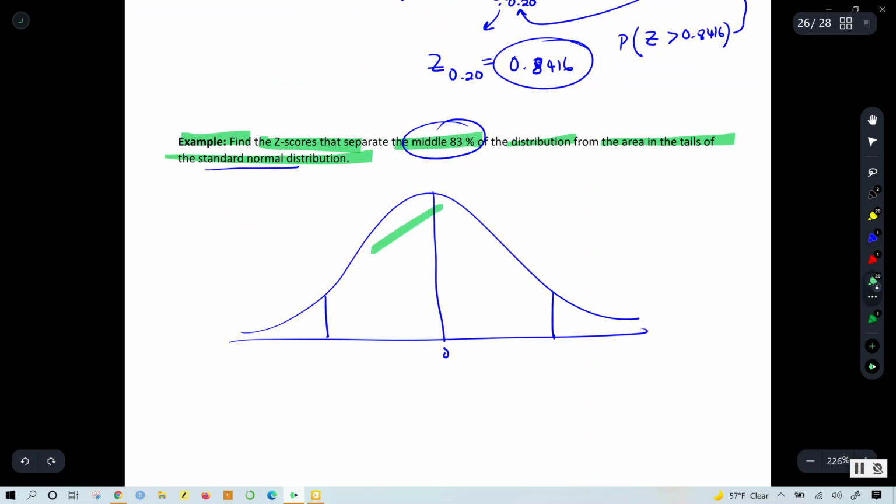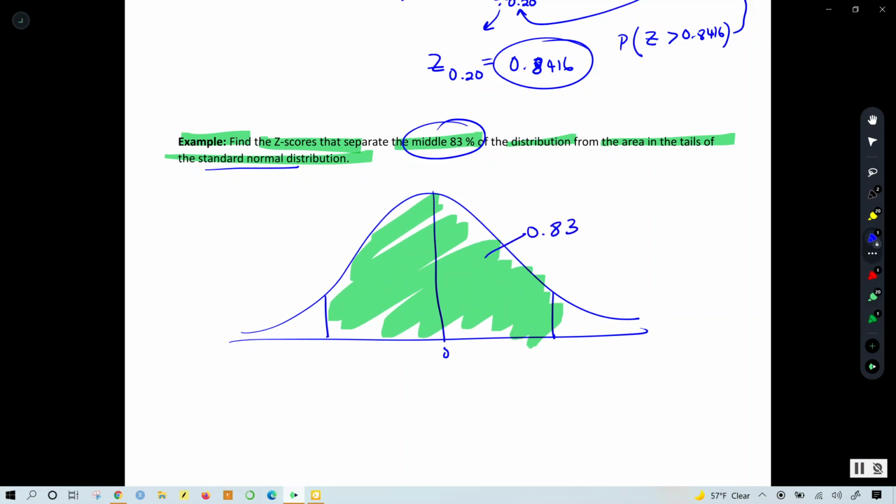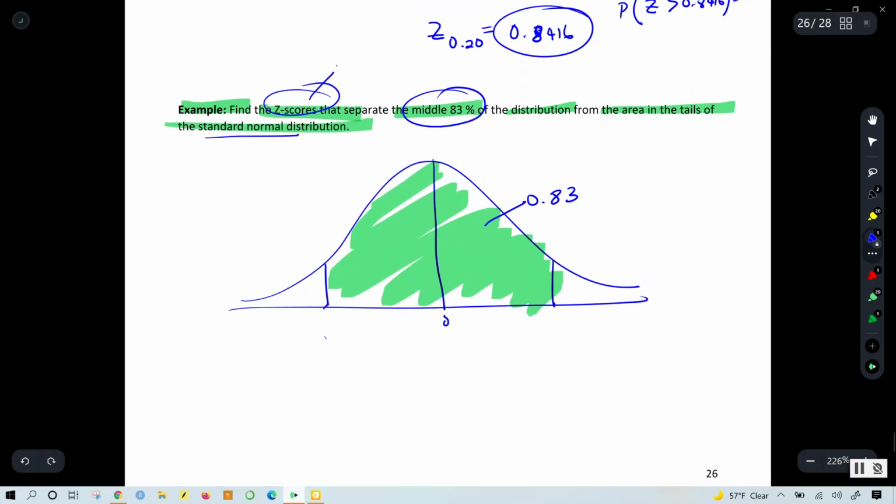So that means I'm going to shade a middle part of the distribution that has a size of 0.83. And I will want to find the z-scores, plural. So I want to find this number, and I also want to find this number for the values of z. So let us see what that would be.